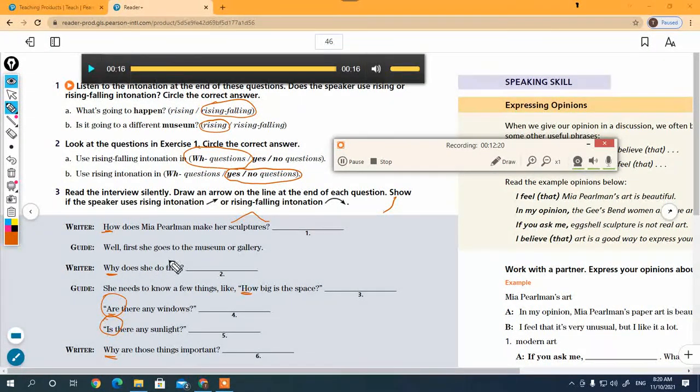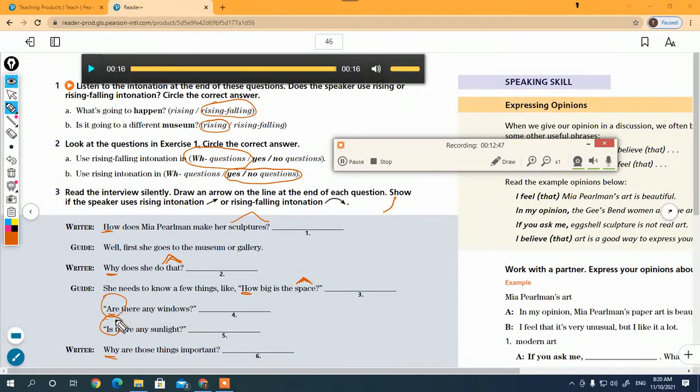Why does she do that? She needs to know a few things like, how big is the space? Rising, falling. Space. How big is this space?